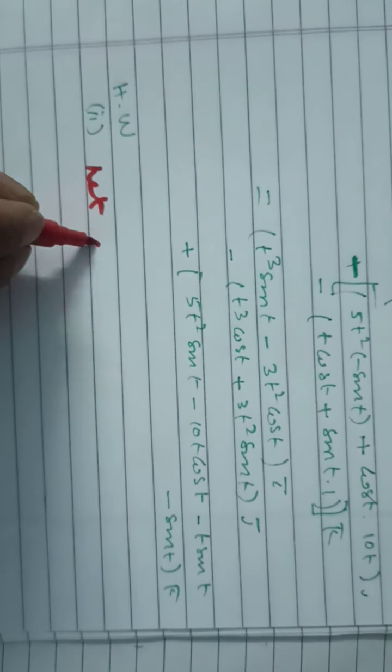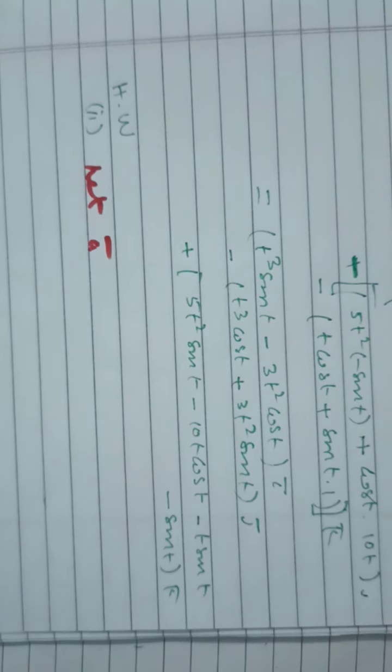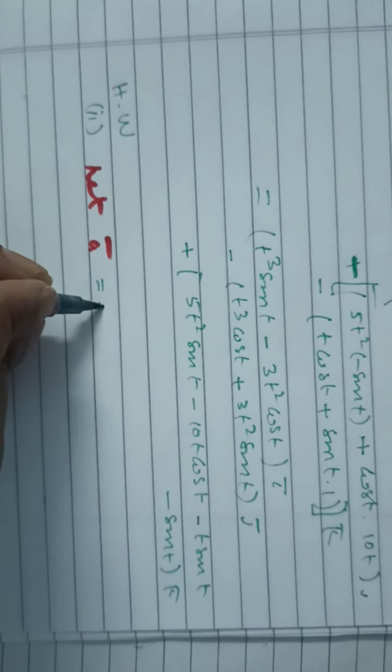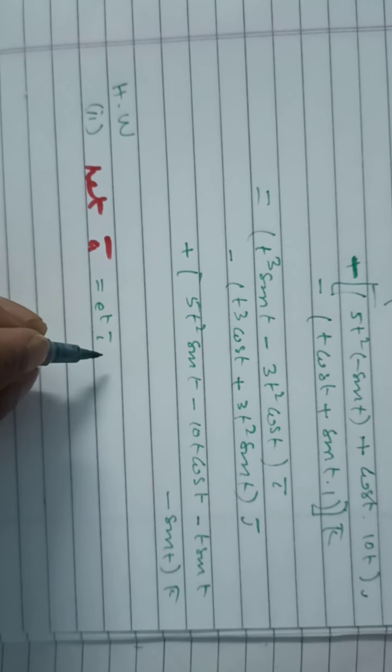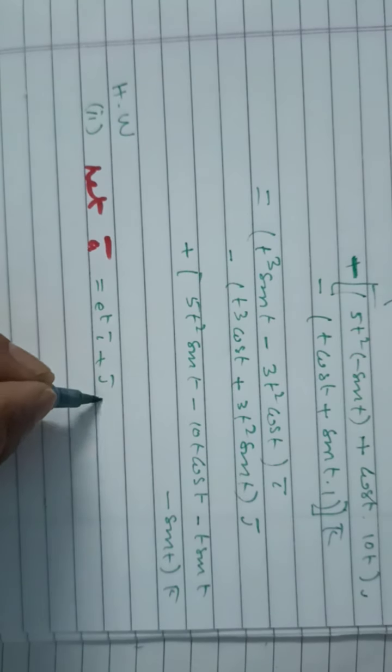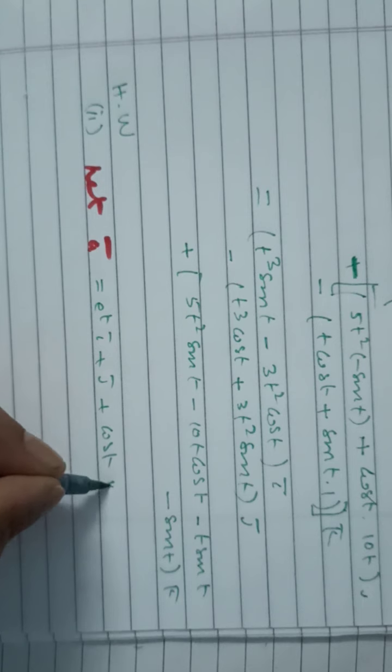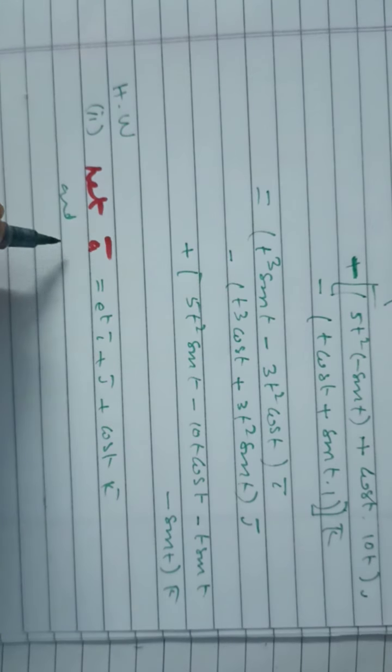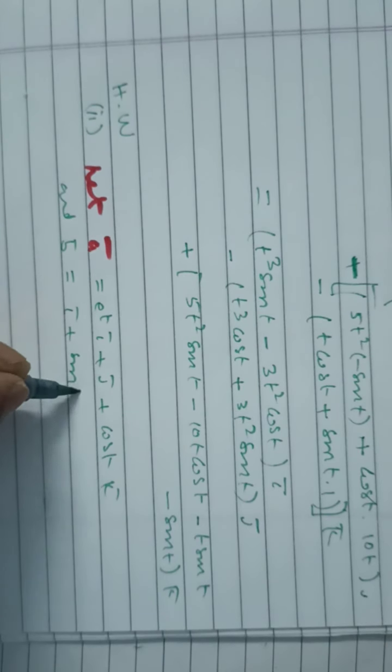Let a bar be equal to e power t i bar plus j bar plus cos t k bar, and b bar is equal to i bar plus sin t j bar plus k bar.